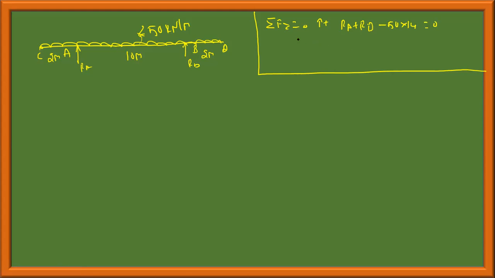Can you tell me what RA plus RB is? It is 70. Sorry, this is 5, not 50. 5 into 14 is 70.